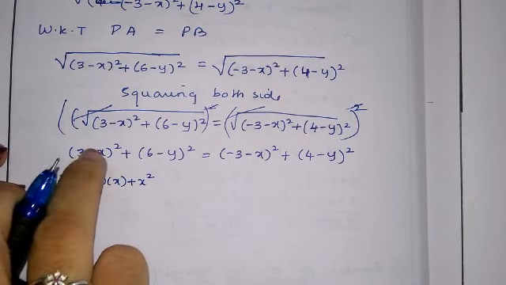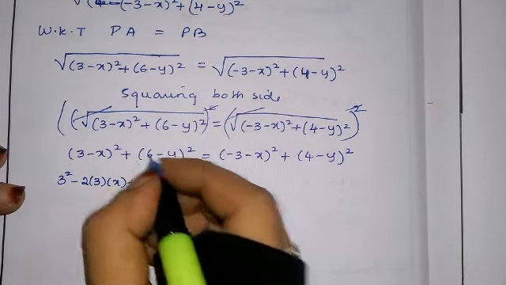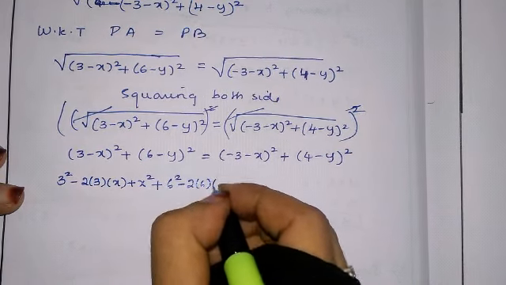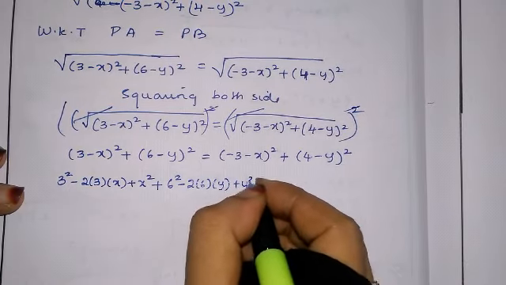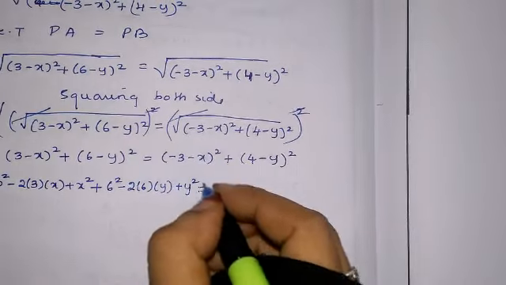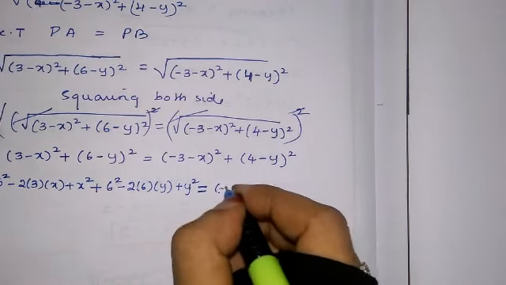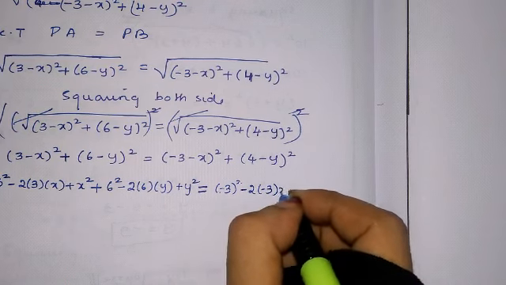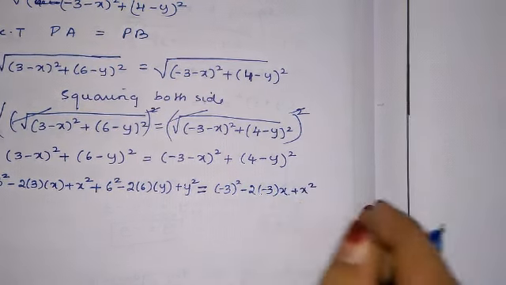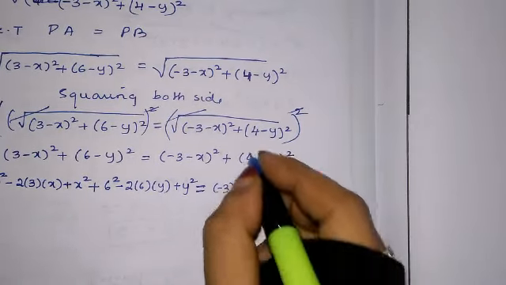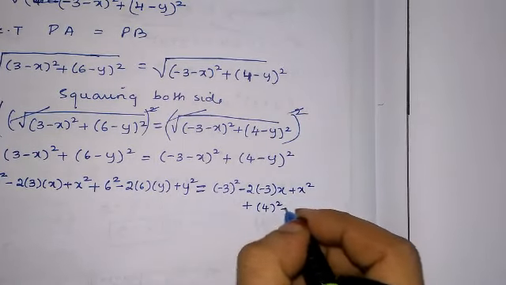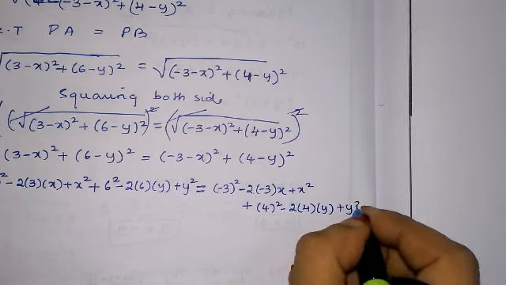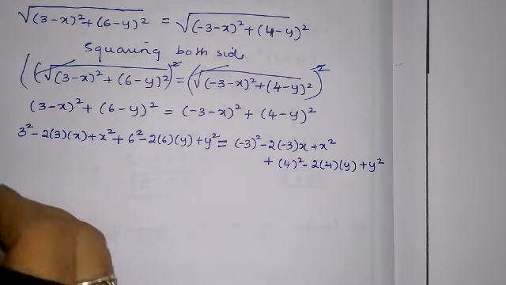Now this plus sign, a square minus 2ab plus b square. Now this side equal to a square minus 2ab plus b square, and now this plus a square minus 2ab plus b square. Okay, let us properly write now.